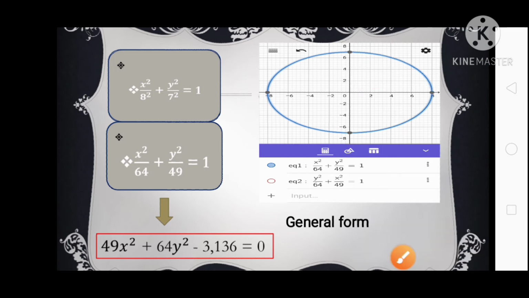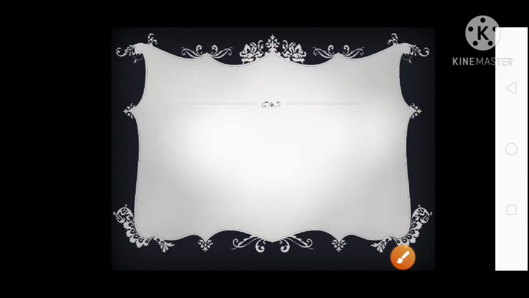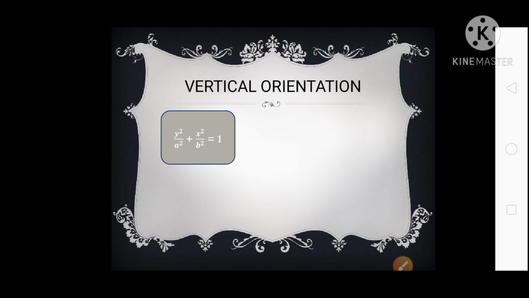Then, how about the equation or the graph of the vertically oriented ellipse? For a vertical orientation, we may use the vertically oriented equation, y squared over a squared plus x squared over b squared is equal to 1.